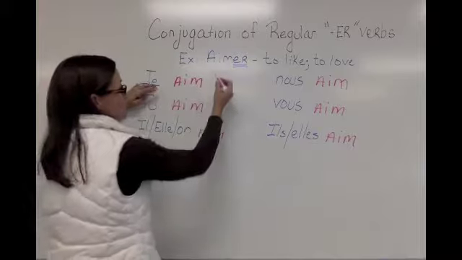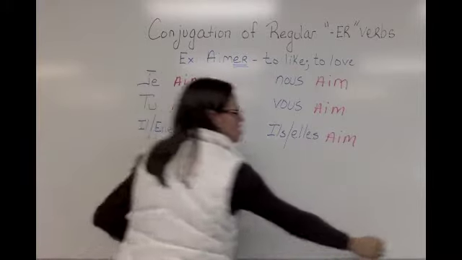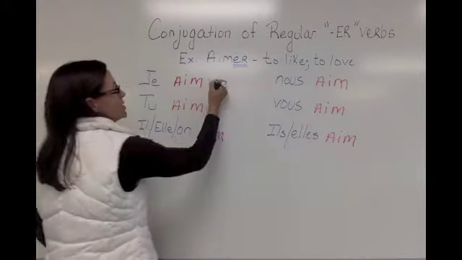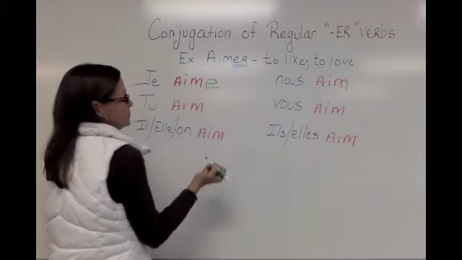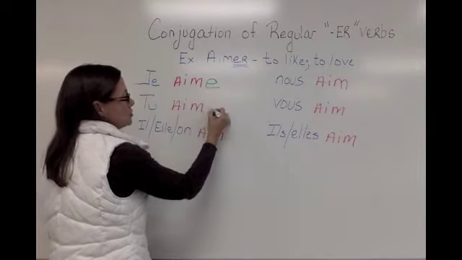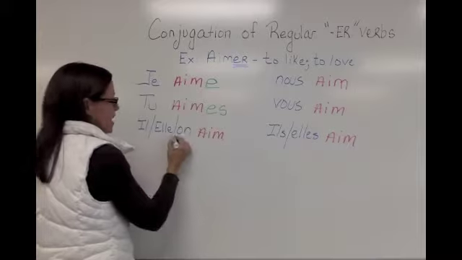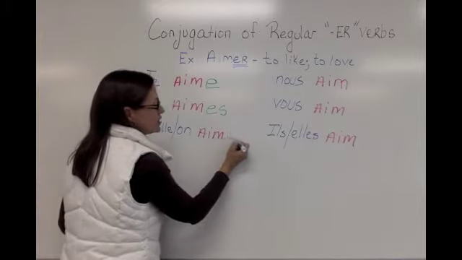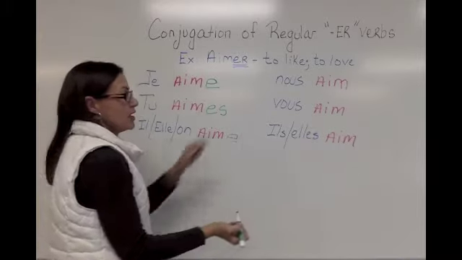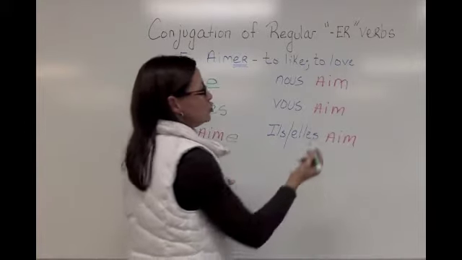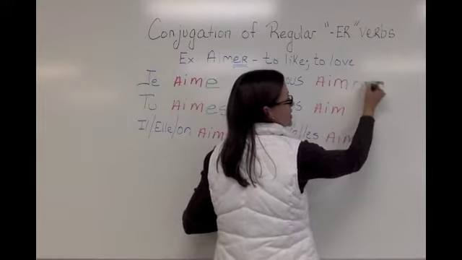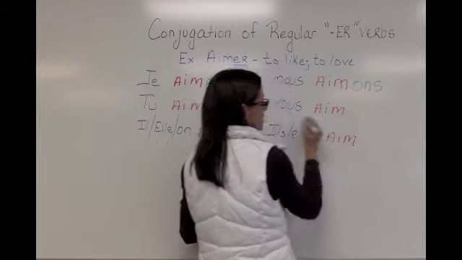So for je, our new ending, let's change our color. Our new ending is going to be E. For tu, ES. Il, elle, on, it's an E. When you go to the next column, for nous, the new ending will be O-N-S.